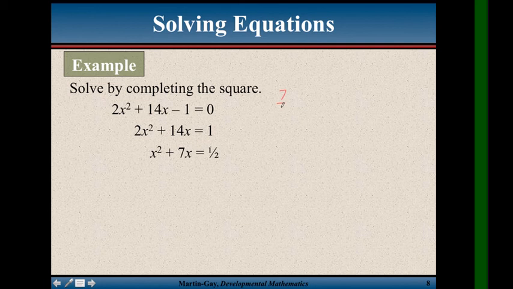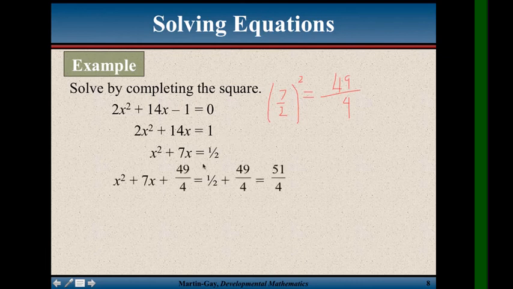To get the factor, we need to divide 7 by 2, as always, and then square. So 7 over 2 squared: 7 times 7 is 49, over 2 times 2 is 4.